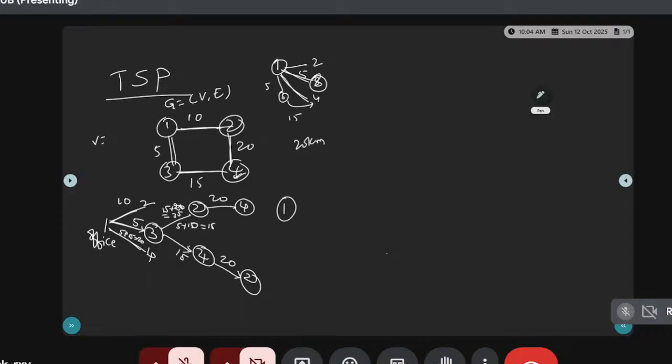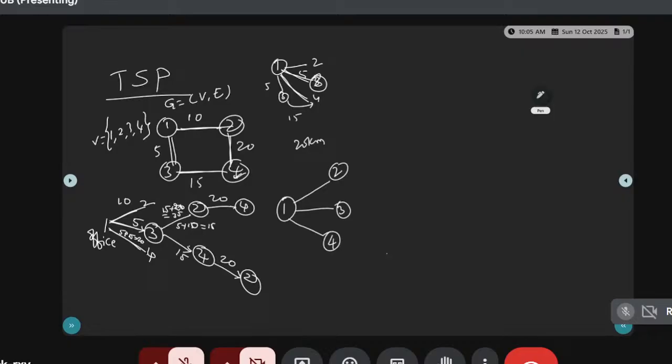So, what are the actual vertices? 1, 2, 3, 4 are the total vertices included in your graph. Let's say you started your journey at the first node. Then the remaining leftover nodes are 2, 3, 4. Next you have an option: you can move from 1 to 2, or 1 to 3, or 1 to 4.